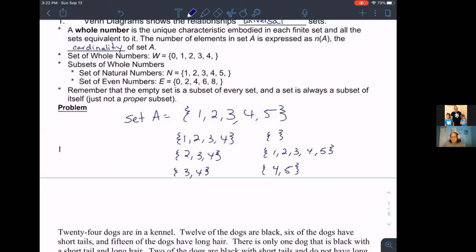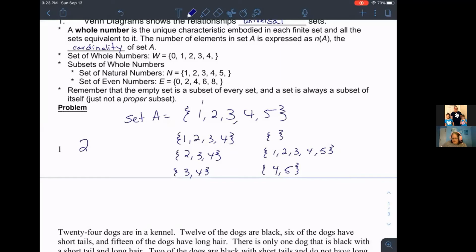But there is an equation that you can do, because if you think about it, there's two options for every element in a subset. It could either be in the set or it couldn't be in the set. So given that, you would take 2 and raise it to the number of elements in that set, so n.